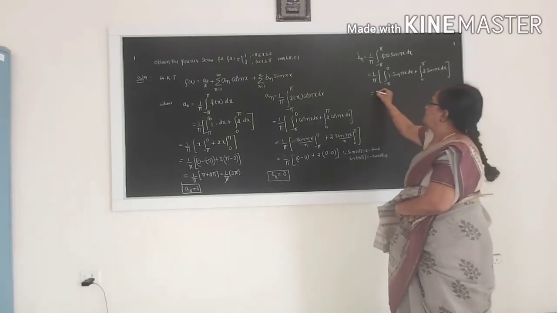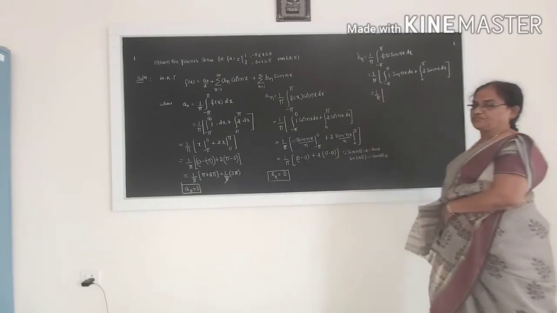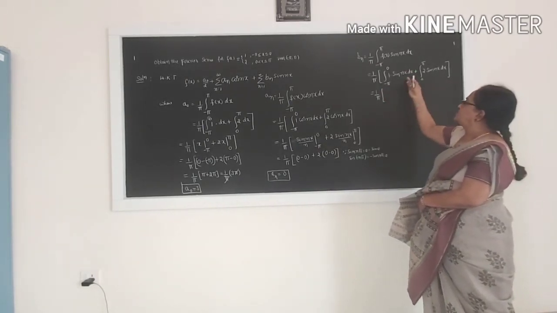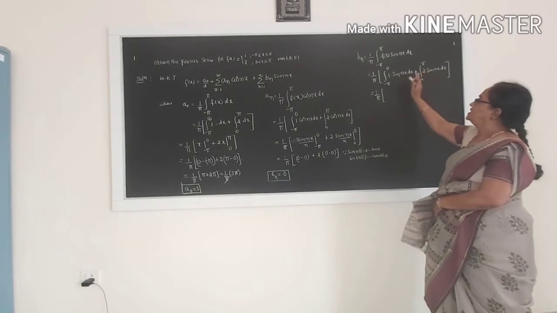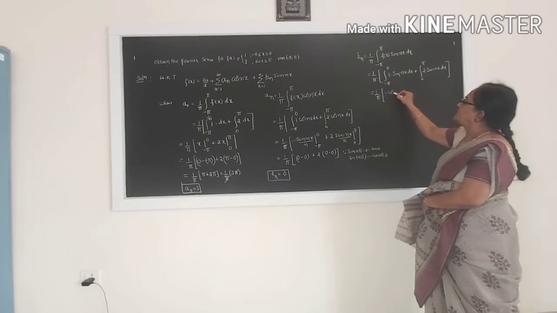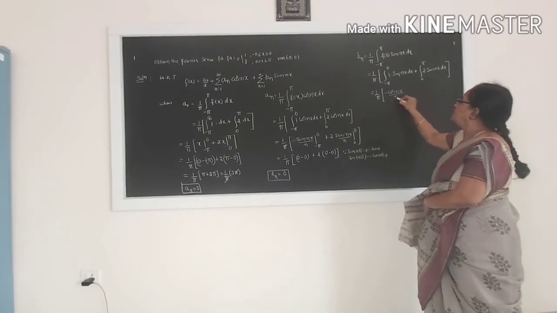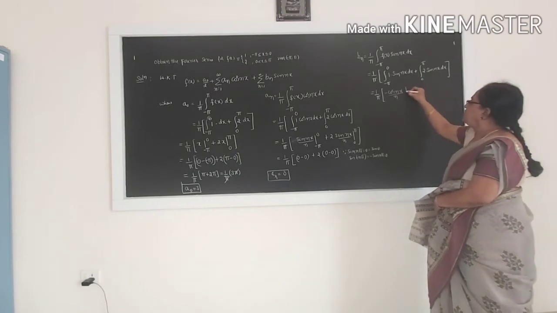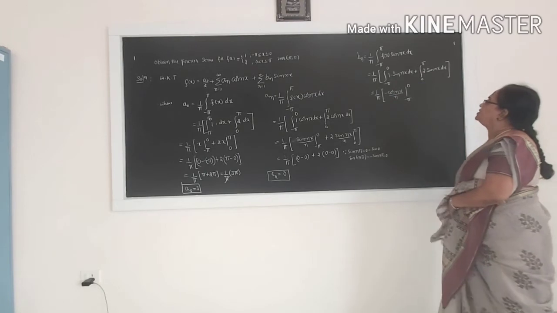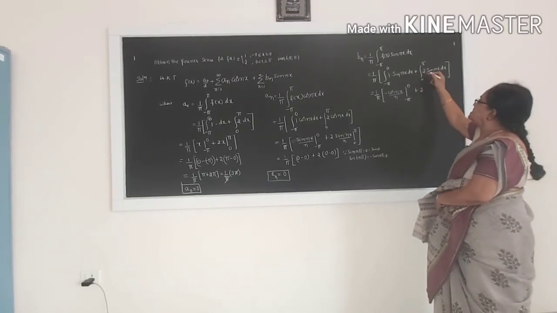Now you integrate this. I write this value of 1 by pi as constant, therefore I write that as it is. 1 into sin nx, 1 is constant, so it is sin nx only. Integration of sin nx is minus cos nx by n in between the limits minus pi to 0, plus 2 is constant.